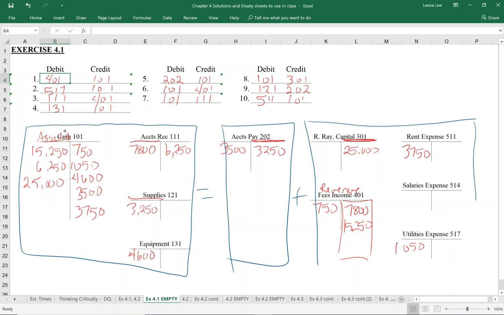I'm dropping everything over here into owner's equity, kind of like on your cheat sheet. Capital is really our owner's equity. Revenue and expenses impact our capital after we do our financial statements. The one thing that's missing here is the drawing account, and they didn't give us the drawing account to use because there was not a transaction that had a drawing in it.